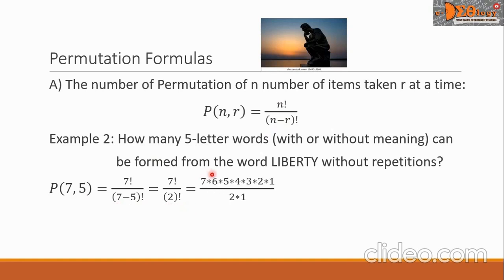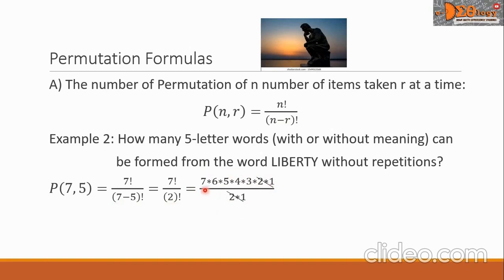and this is now equal to 7 times 6 times 5 times 4 times 3 times 2 times 1, that is for the 7 factorial, all over the 2 factorial, which is 2 times 1. We can cancel this 2 times 1, as there is 2 times 1 also in the denominator.